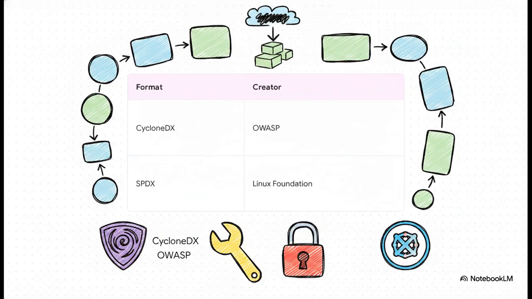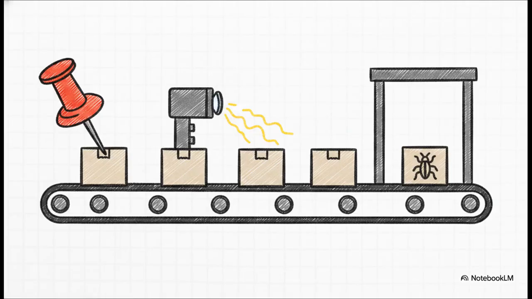Now, the really great news here is that you do not have to write these by hand. Both of these structured inventory formats can be automatically generated by most modern software composition analysis tools. That gives you instant visibility into your entire nested component hierarchy. To minimize risk dynamically, you absolutely have to automate. Pin your exact versions.